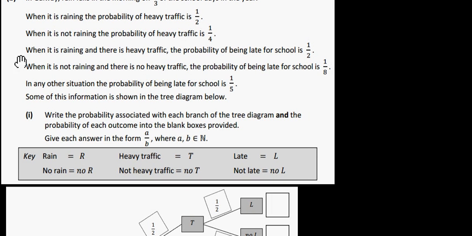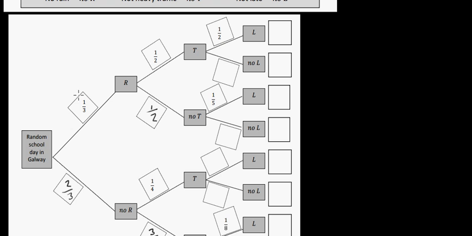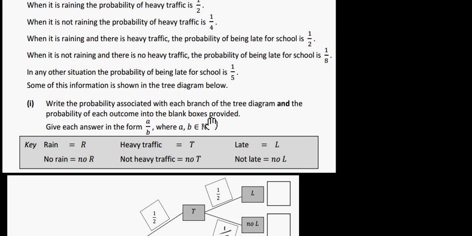Okay, so this is where we were. Next line, when it is raining and there is heavy traffic, the probability of being late for school is 1/2. So down this branch here, the probability of not being late must also be 1/2. Okay, almost there.